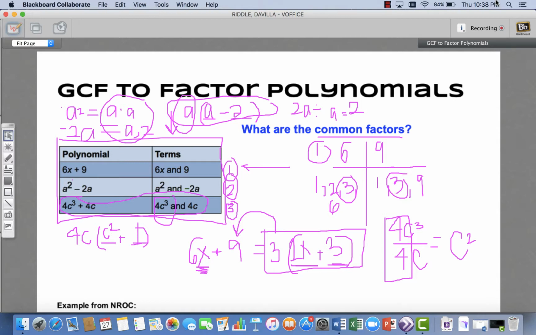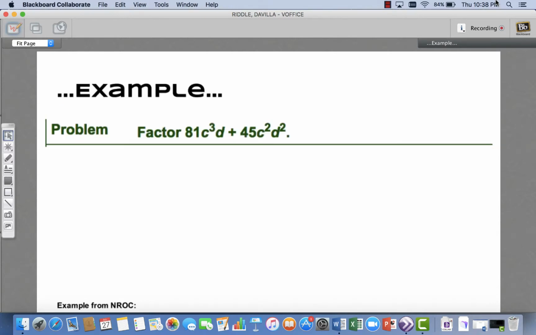Okay, awesome. So great job with doing these 3 different problems. And let's move forward to a different one. Okay, so example, factor 81c cubed d plus 45c squared d squared. Now this looks a little complicated, but we're going to take it one step at a time.